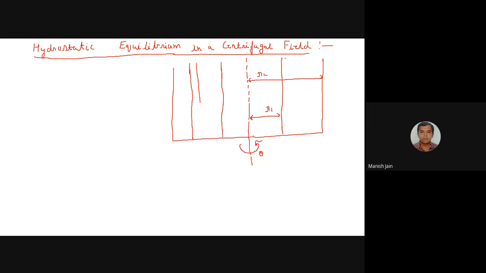We are taking a differential area at a distance R. The radius of this differential area is R and the thickness is dr. We solve the problem in a similar way as in transport phenomena.